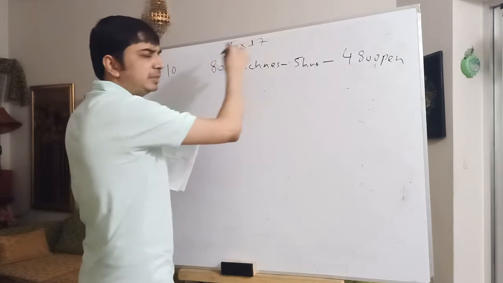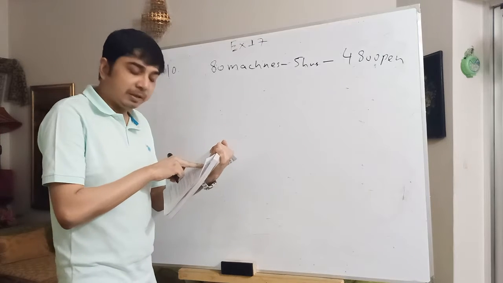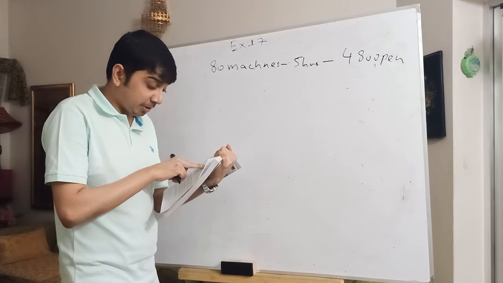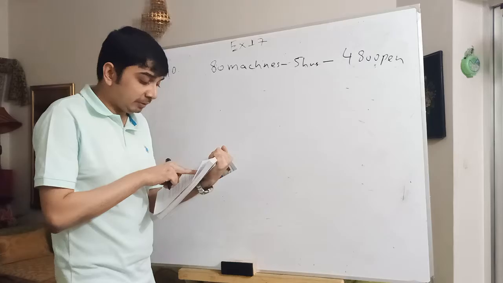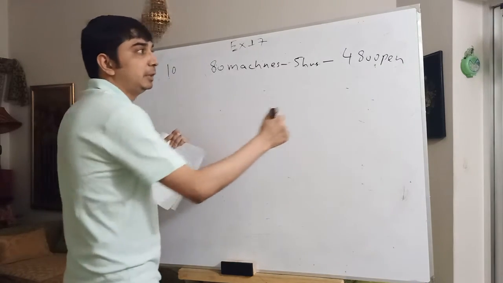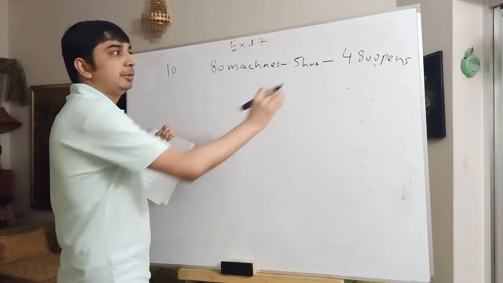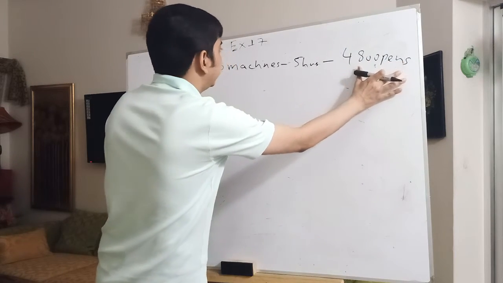So this is just basically stating the question, but there is a small thing that you have to notice. In the answer you have to find how many pens one machine would produce in 1 hour. So number of pens, that is what you have to find. So you put this at the end.